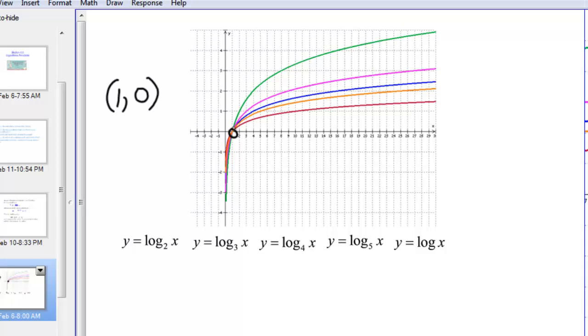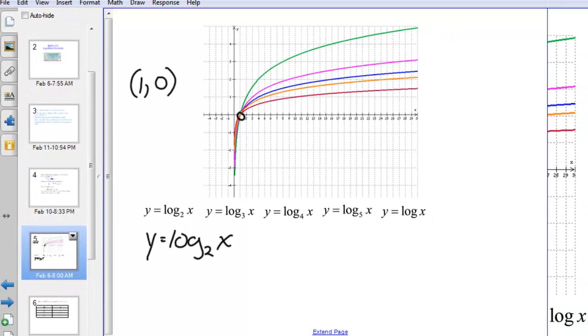Now let's look at how they differ. If I look at each of these possible graphs, for instance, y equals log base 2 of x, I can rewrite this as an exponential function. So 2 to the y equals x. And if I want to know what happens when y equals 1, 2 to the first is going to be 2.